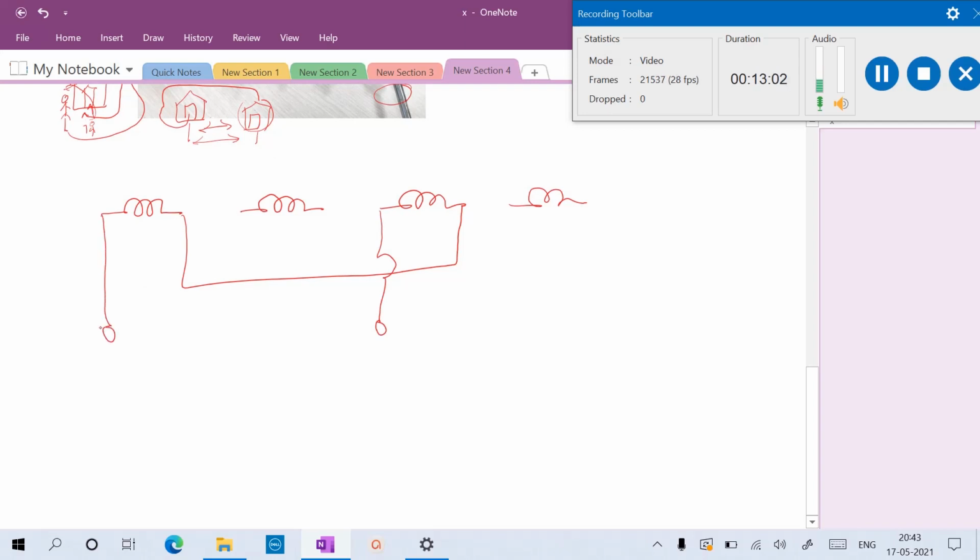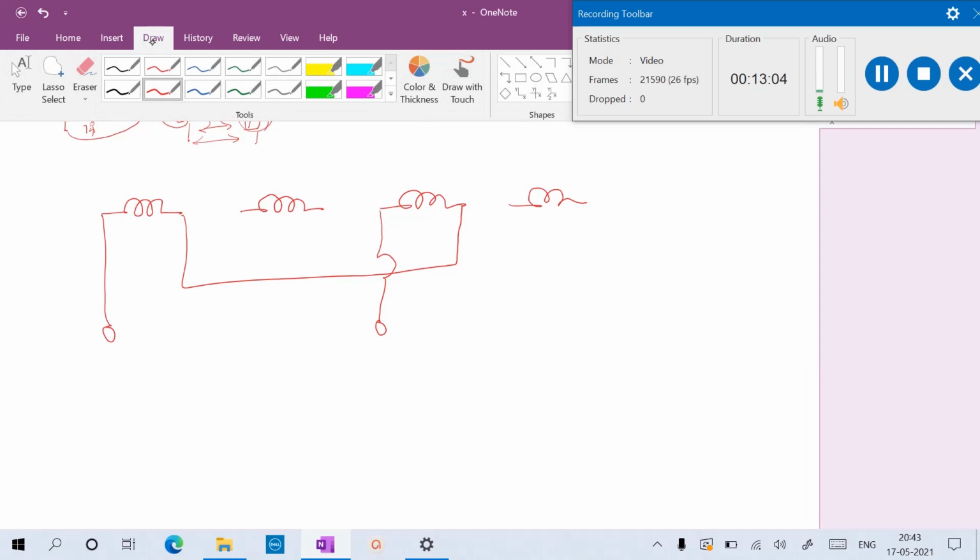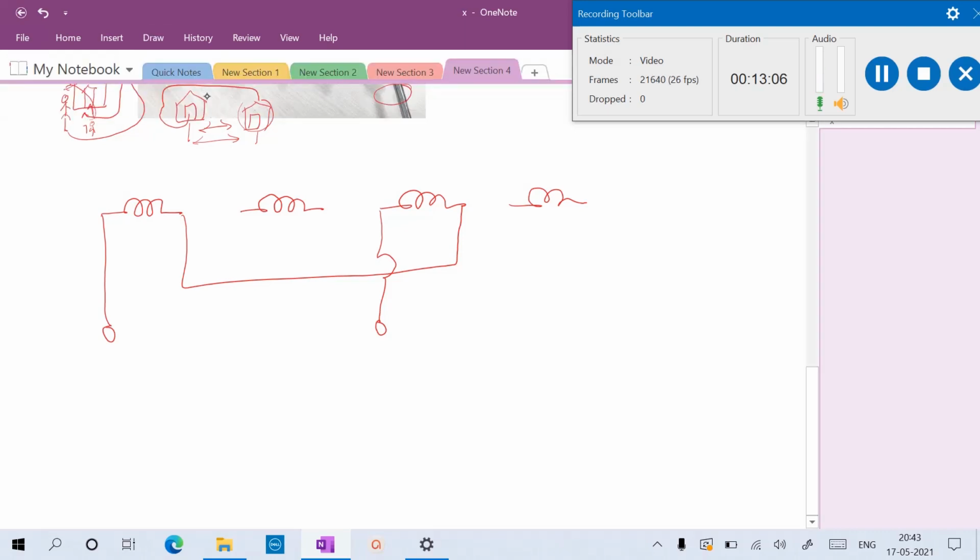This is one winding, and this winding's terminals are connected to here and to this. That means A, B, C, D. This is coil 1, 2, 3, 4.